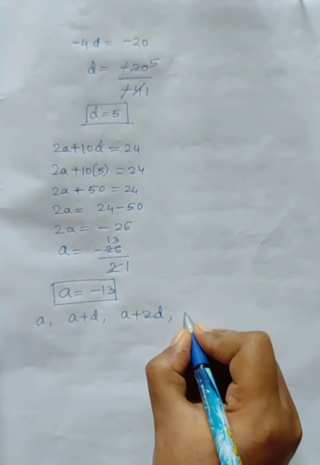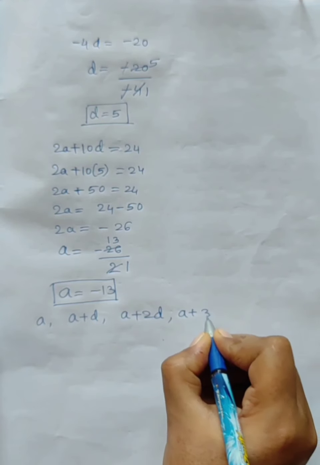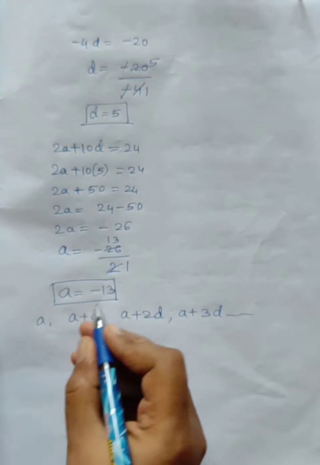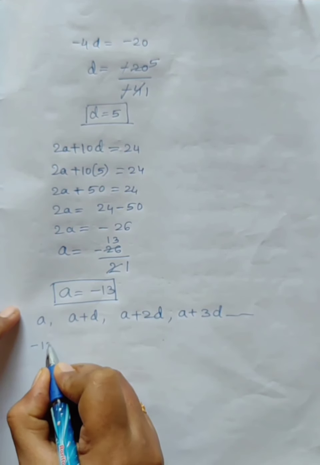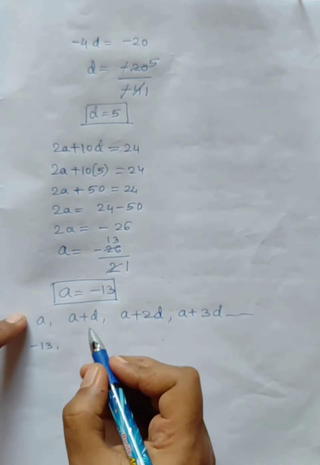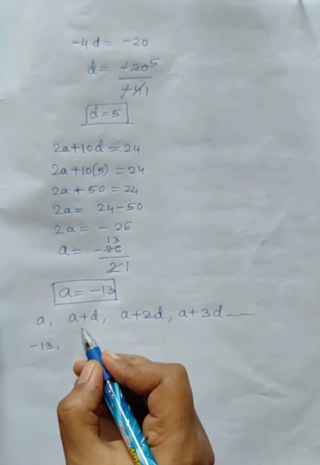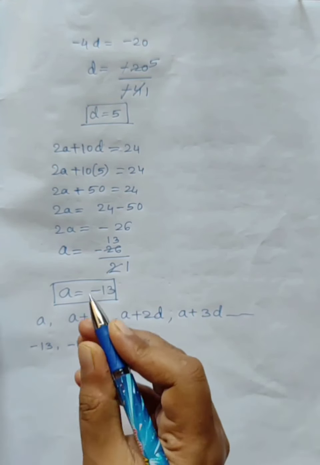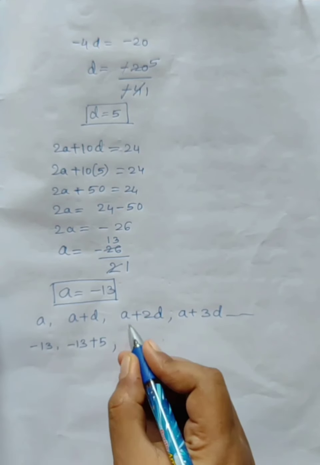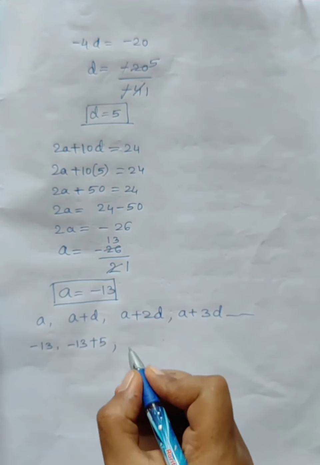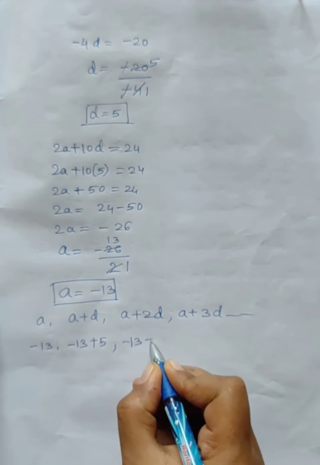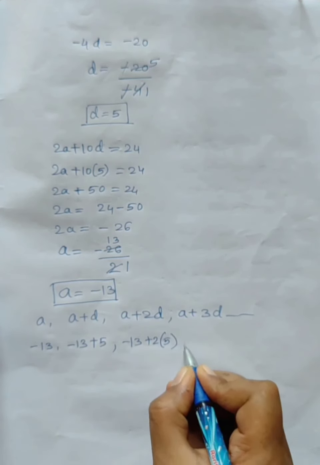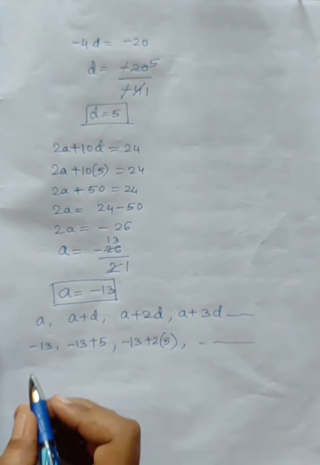You can continue this, a + 3d, and so on. The first term a is minus 13. Then a + d is minus 13 plus 5. And a + 2d is minus 13 plus 2 times d, where d is 5.